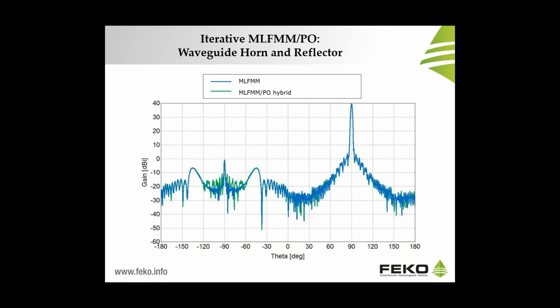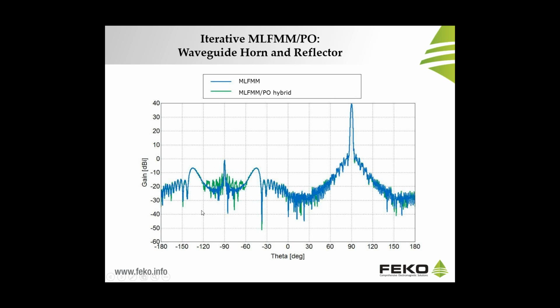Now we are showing the computed gain for this antenna. You have in blue the results for MLFMM, and in green the results for the new iterative solver. You can see that there is a very nice agreement between the two methods, and only on these angles here there is a slight deviation.